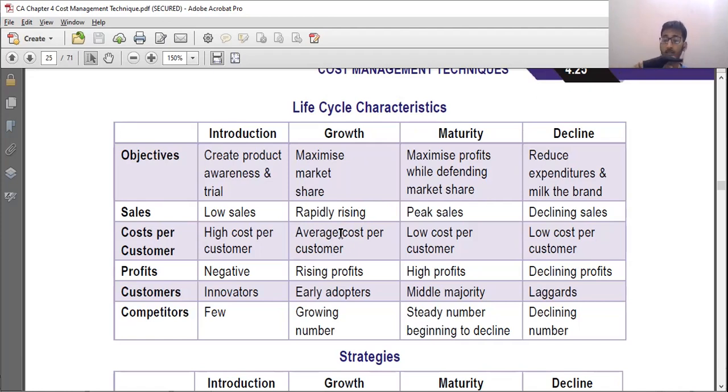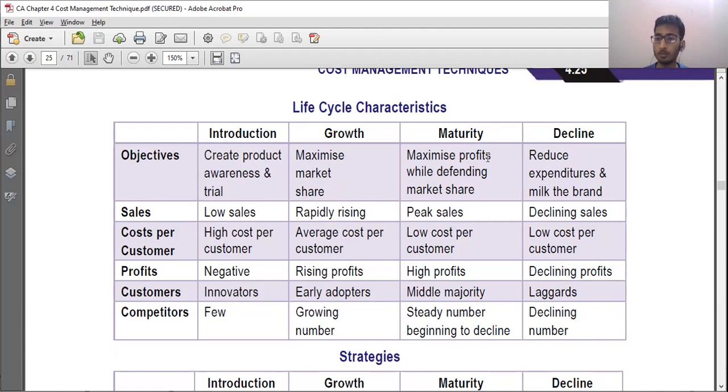And since the sale keeps increasing, the variable cost is also increasing. When sale increases, the variable cost increases. So that's why we are saying average. The profit is rising, because as sale increases, the profit increases. The customers are the early adopters, and the competitors are a growing number.